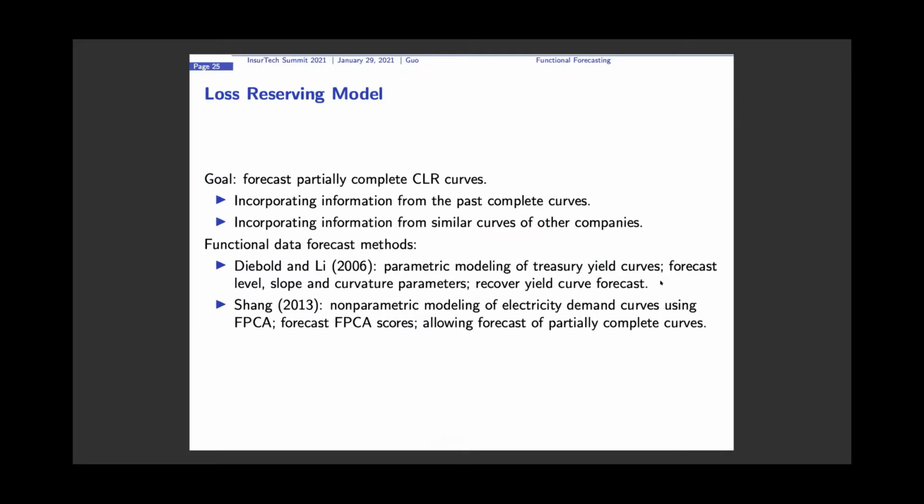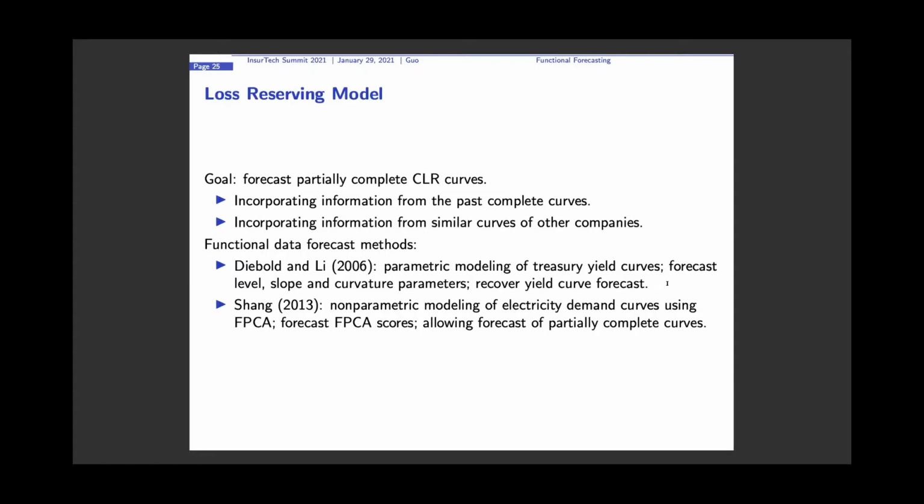Now I have 5 minutes, so let me briefly talk about the loss reserving model we have in mind. Again, the goal is for us to forecast the partially complete curves in terms of the cumulative loss ratio.